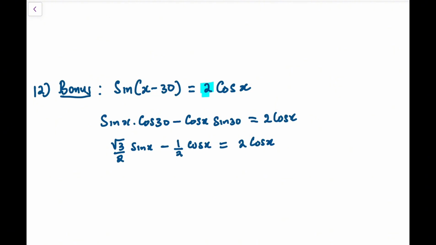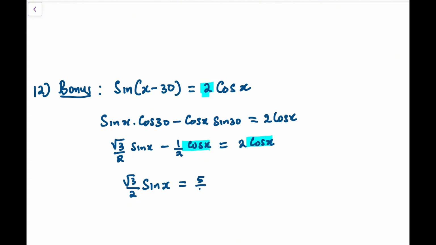And then group the like terms. So these and that are like terms. So I will transpose 1/2 cos x. So here I will remain with √3/2 sine x is equal to 2 cos x plus 1/2 cos x.